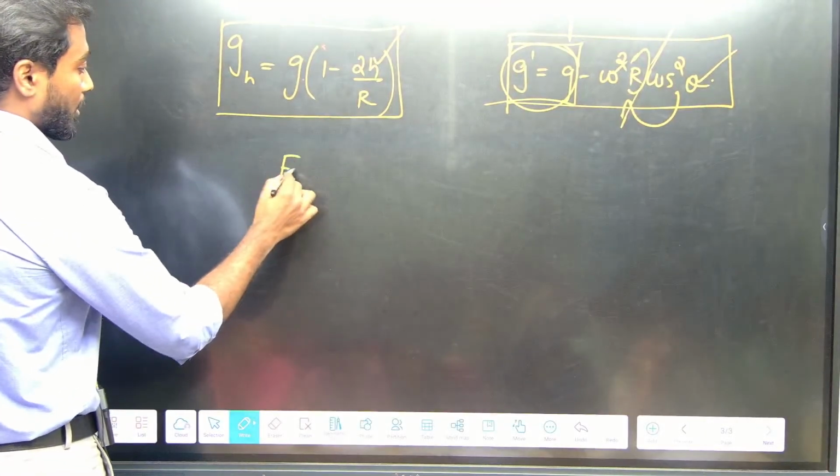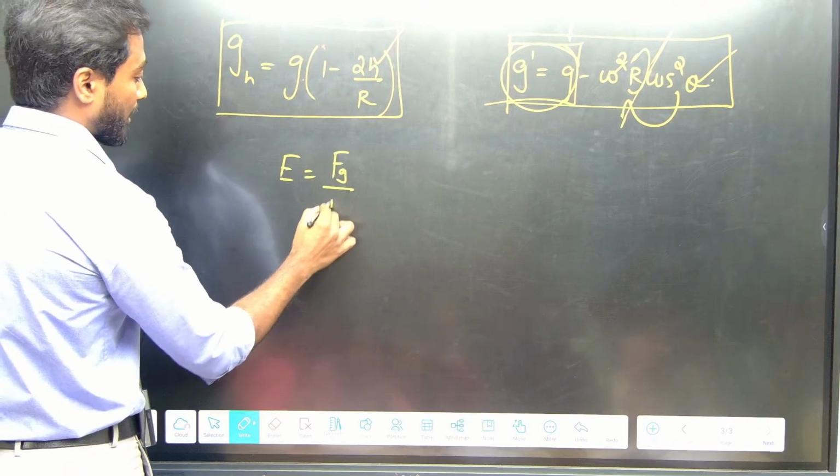So the formula is E is equal to Fg by m.